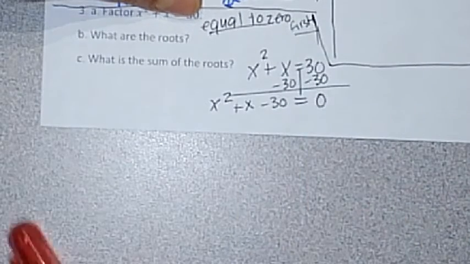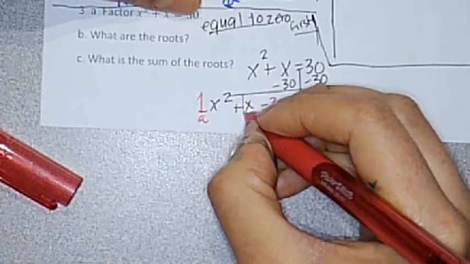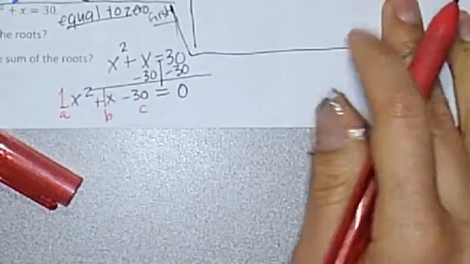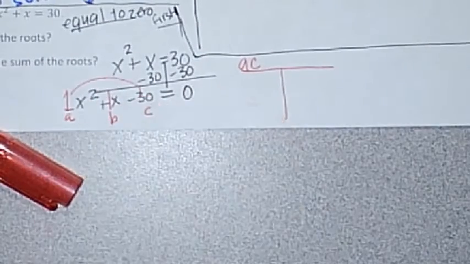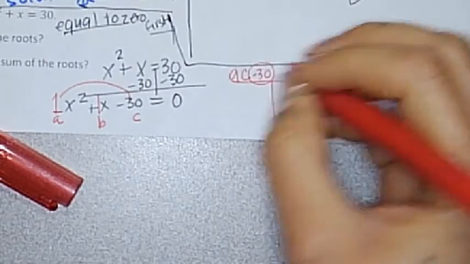Now I know this is my A, my B, and my C. So I'm going to factor it. My AC would be negative 30, and my B is 1.